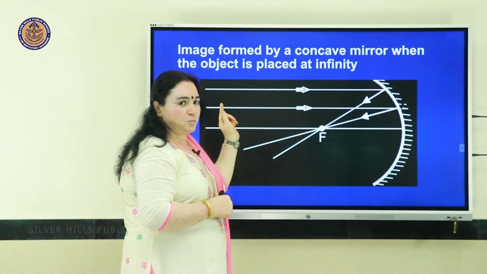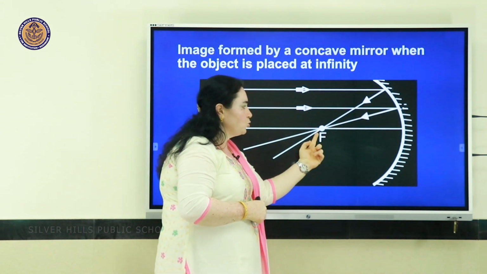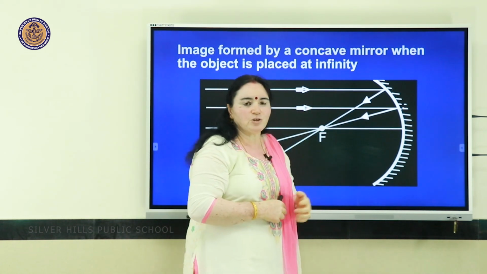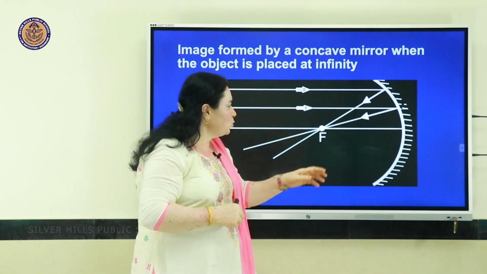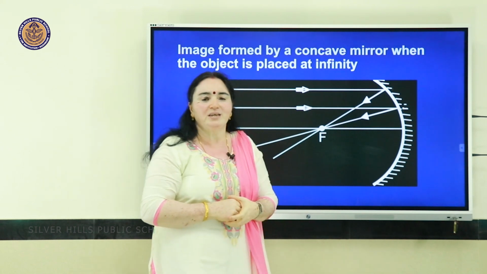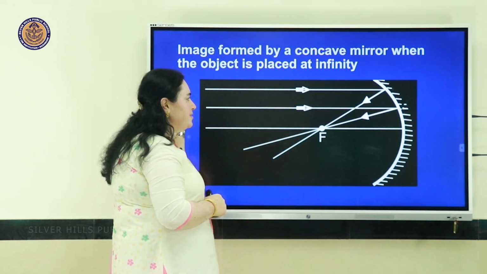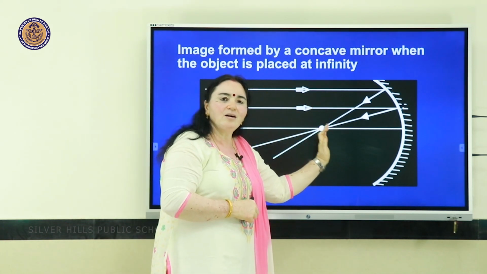The rule happens to be that parallel rays of light after reflection pass through the focus for a concave mirror. So, both these rays of light that I have selected are following the same rule. And what do we see? These two rays of light are meeting at a point called our focus, right? So, the object is lying at infinity, the image will be created at the focus.